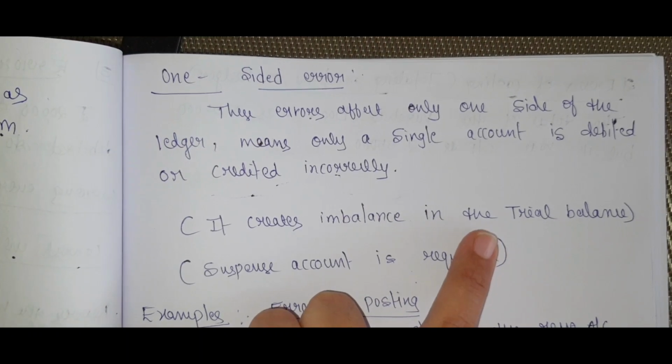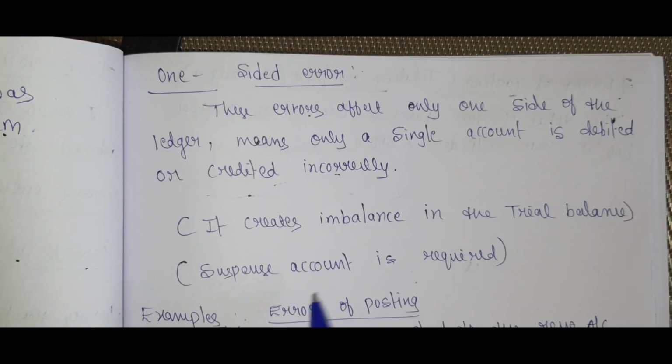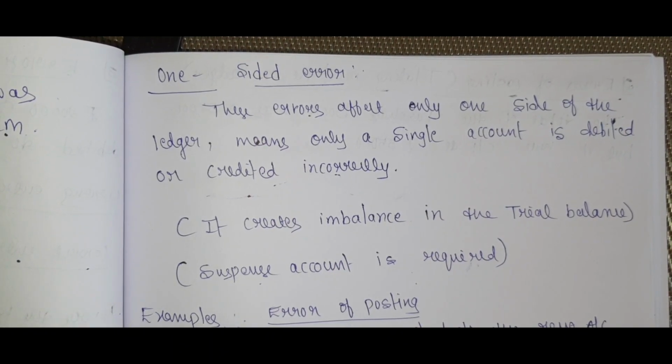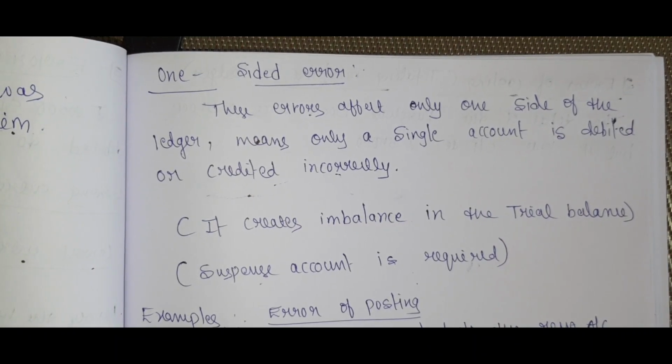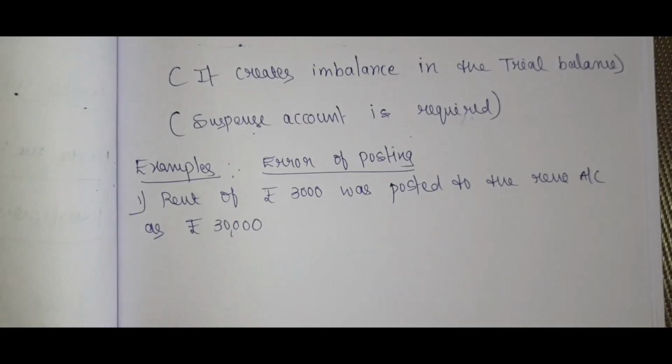Here we need to open a temporary suspense account. After rectifying the errors, we need to close the suspense account. Okay, clear? Now we will see the examples.